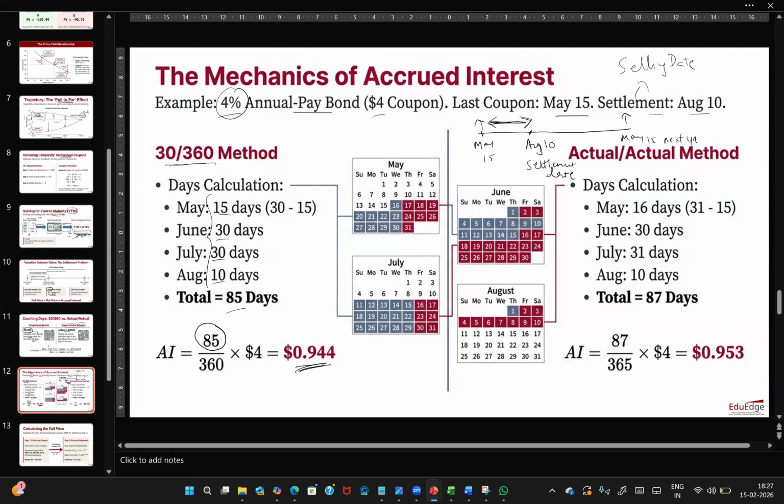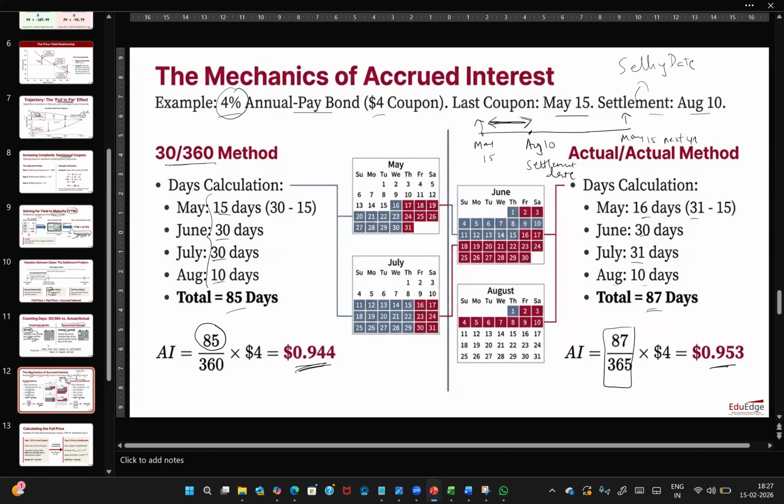In actual by actual, we take the actual days. In May, we have 31 days. We started on the 15th, so there are 16 days in May. In June 30, July 31, actual, August 10. So these total to 86, and 86 divided by, say, 365, the total number of days in the year, into 4 will fetch me accrued interest.